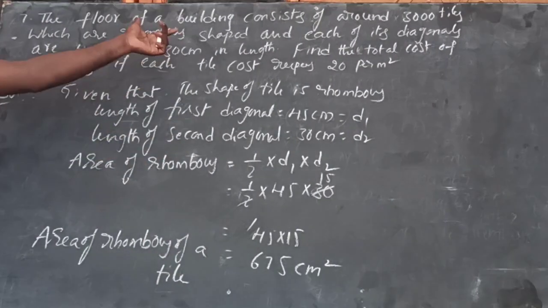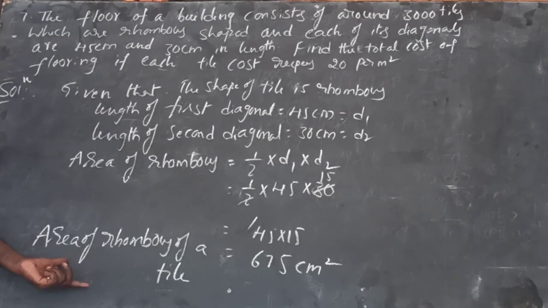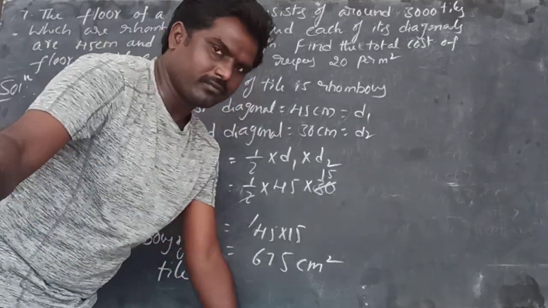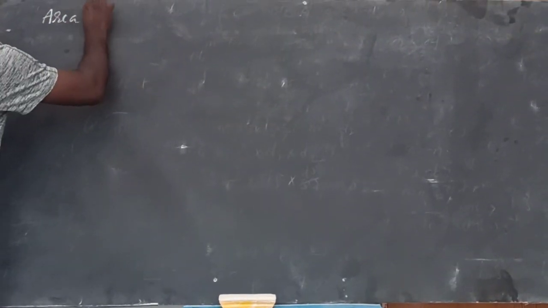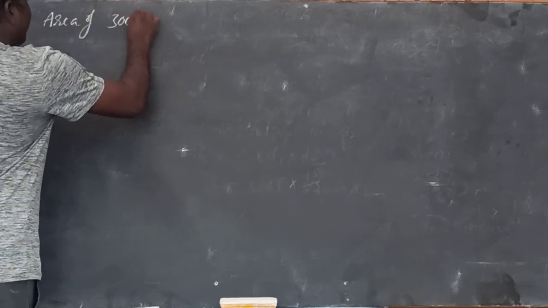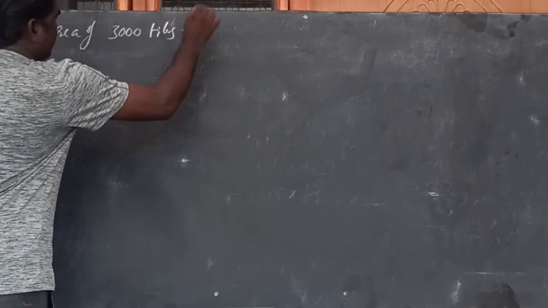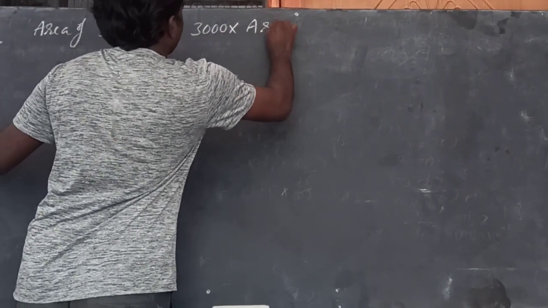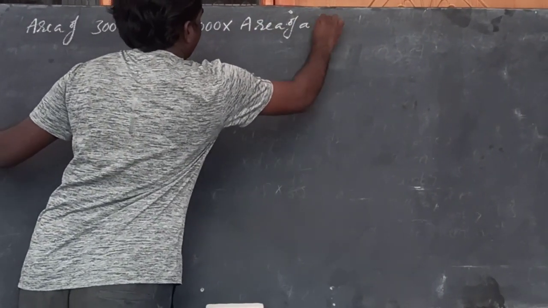So how many tiles are there? 3000 tiles. Now find the area of 3000 tiles. Area of 3000 tiles is equal to 3000 into the area of a tile.